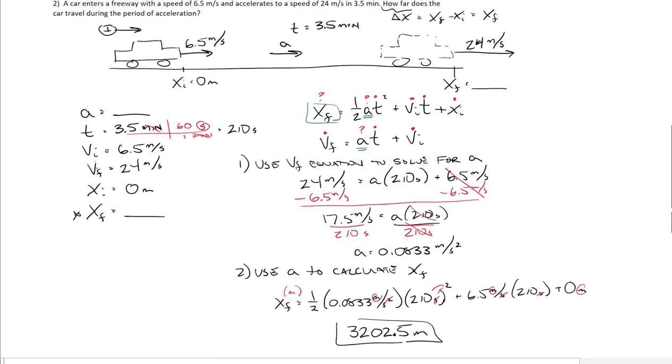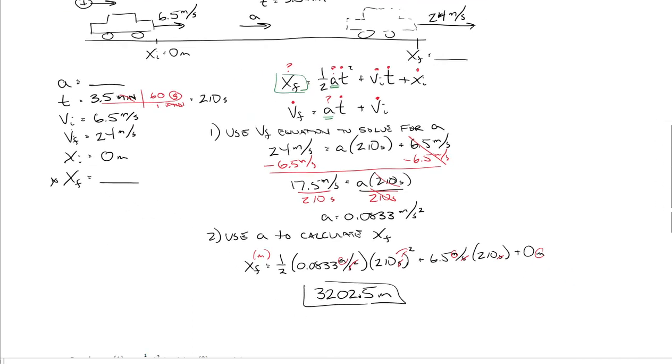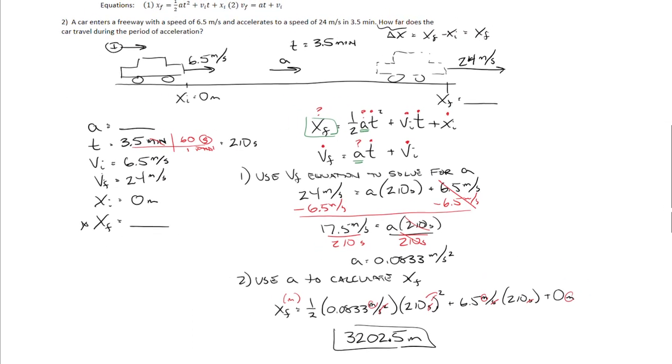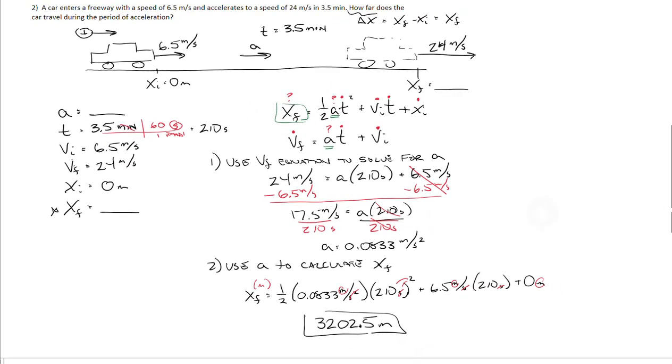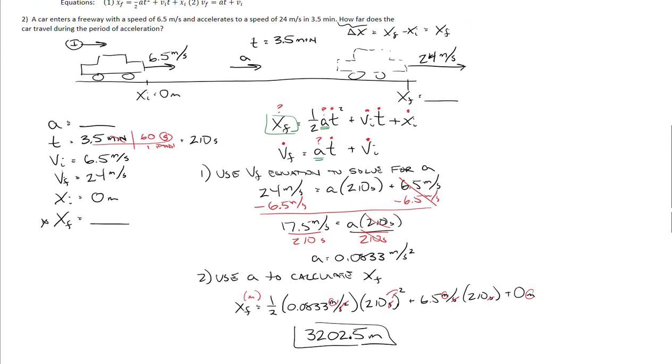All right, so let's think about that answer. Does that answer make sense? So about 3 kilometers. Now, this car is traveling for 3.5 minutes, and it's speeding up, right? So that actually should make sense. Some of you might want to convert to miles per hour to get a ballpark idea, but at 6.5 meters per second for 100 seconds, you'll be going 600 meters.